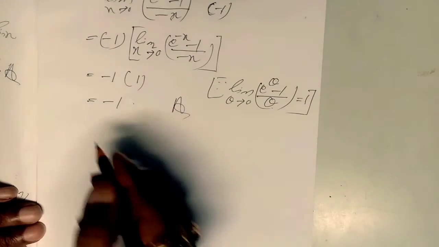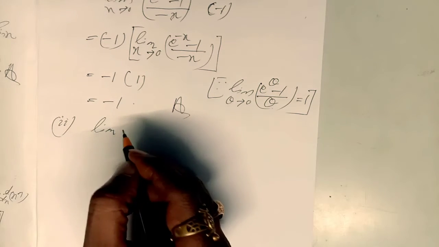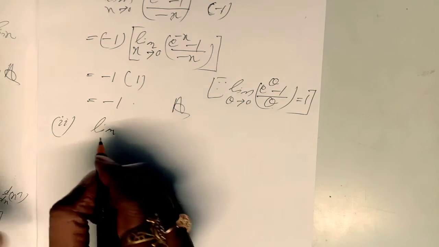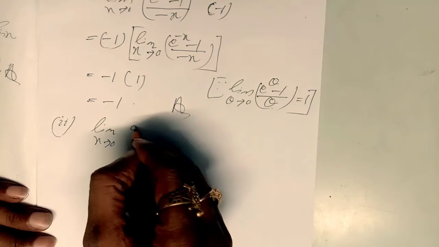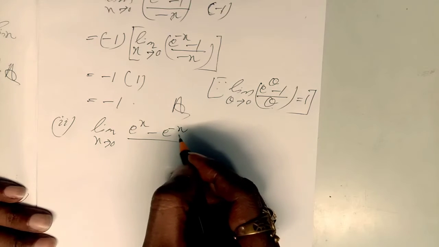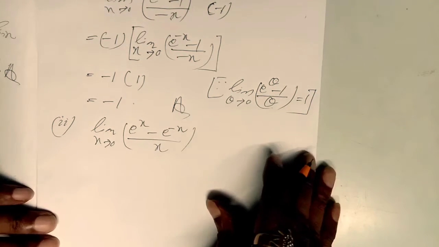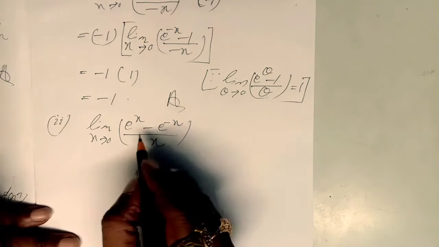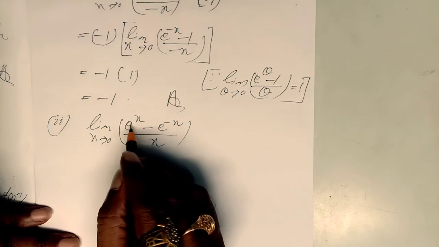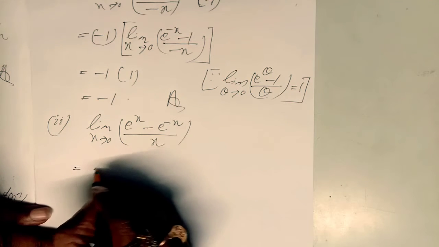Go to the second part of number 1. See the question given like this: limit x tends to 0, (e to the power x minus e to the power minus x) by x. Let me copy the question. You have to adjust here.